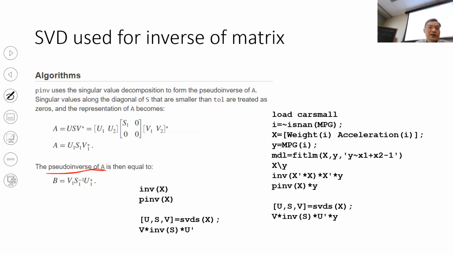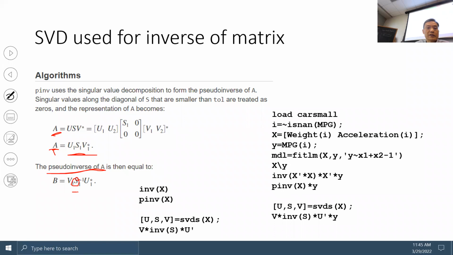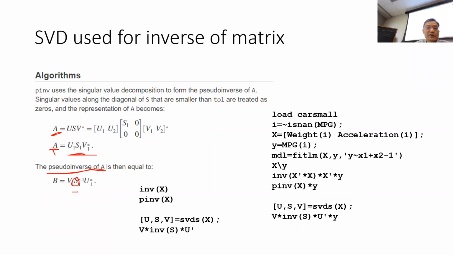Basically, any given matrix, you can decompose it first into USV, and then the inversion is applied to the signal matrix in the middle, and then you multiply U and V back, and you get the inversion of the input matrix X.